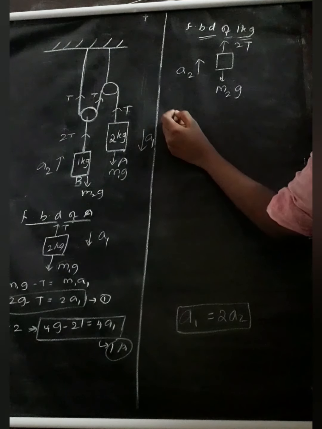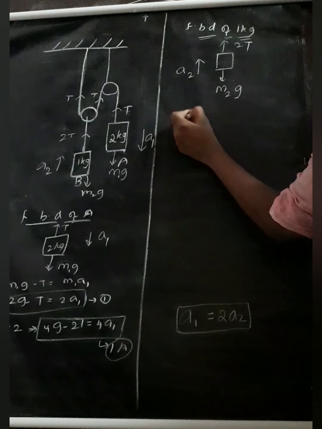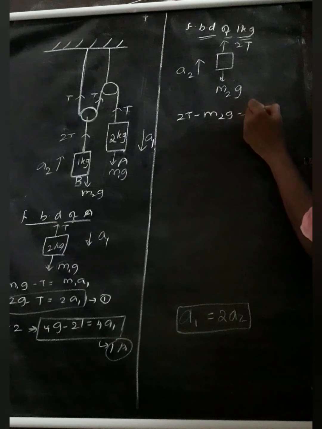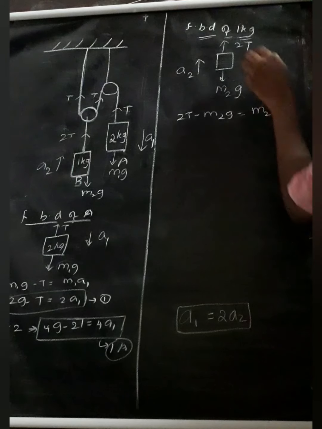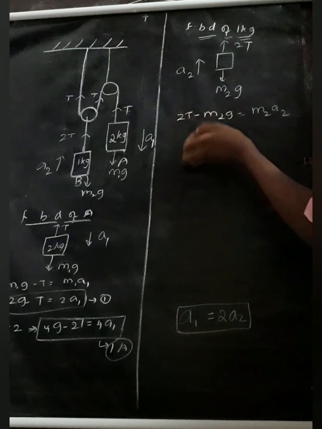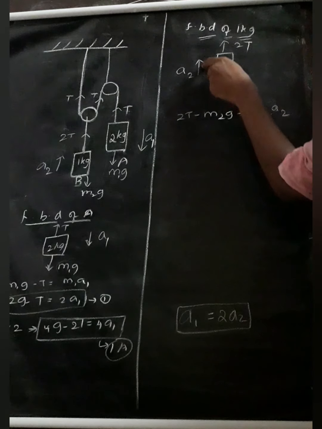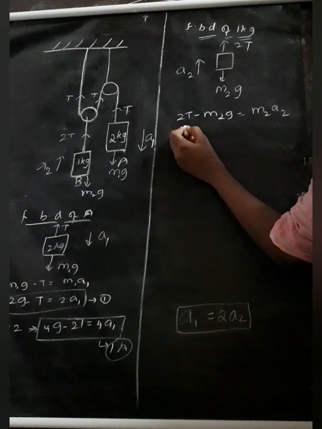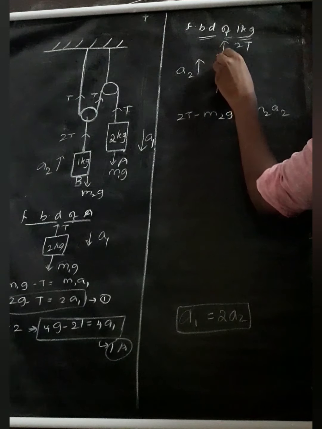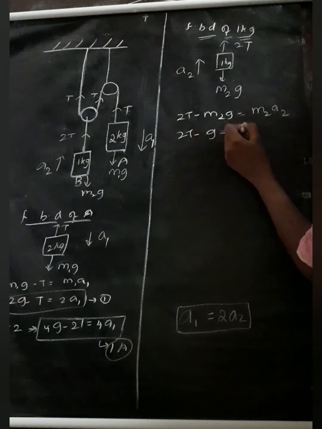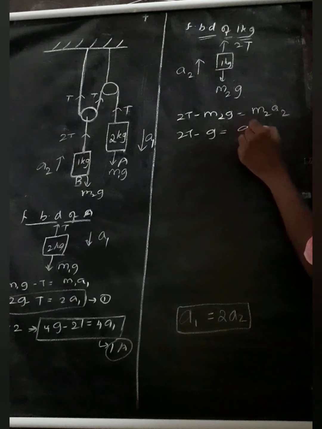So I can write 2T minus m2g is equal to m2a2. Here the tension 2T is higher, so when we subtract 2T minus m2g, the resultant m2a2 is going to be in the upward direction. m2 is 1 kg, so 2T minus g is equal to a2. That will be equation number 2.